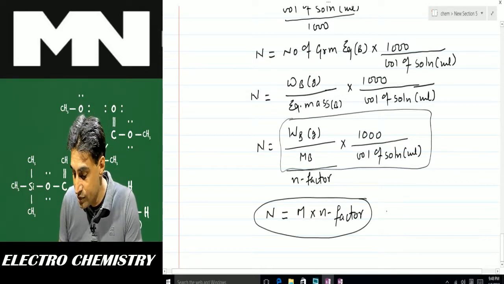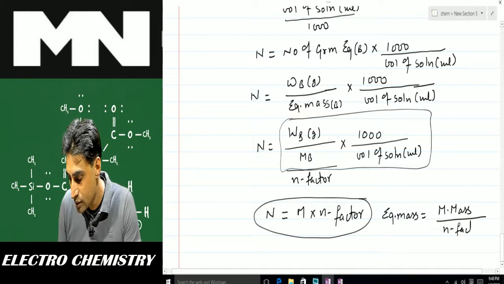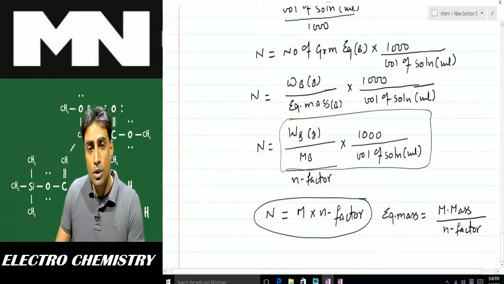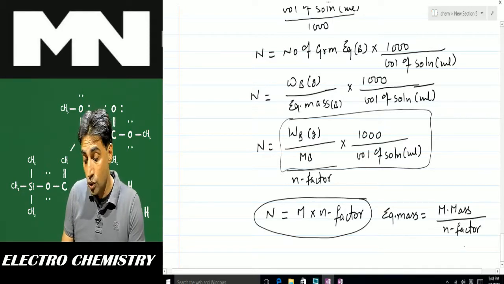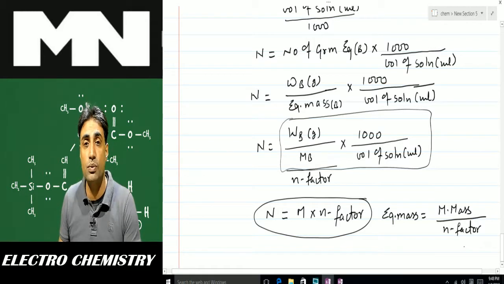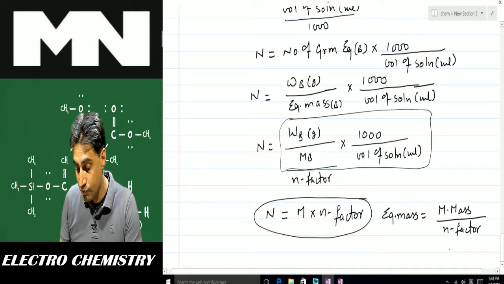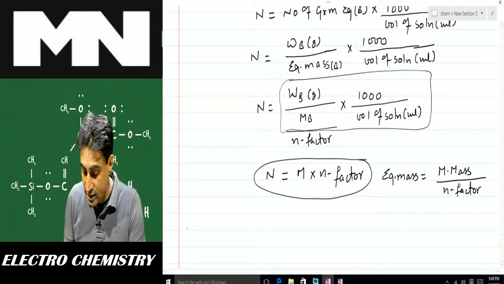And the second formula which you have got is equivalent mass is equal to molar mass divided by n factor. So this is what normality comes out to be. Now the whole thing comes on to n factor. What is n factor? Molarity I have already taught you. If I teach you what n factor is, you can easily multiply molarity by n factor to get normality. So we'll see what n factor is.